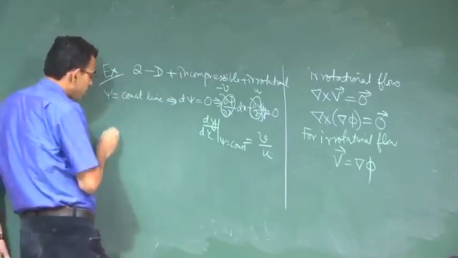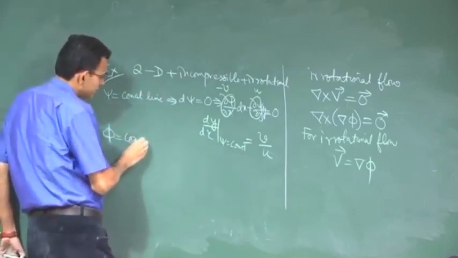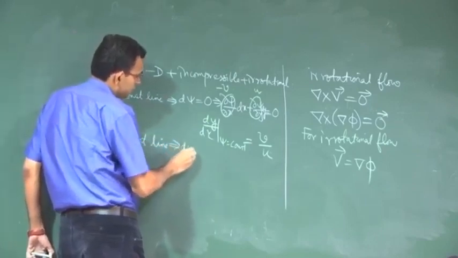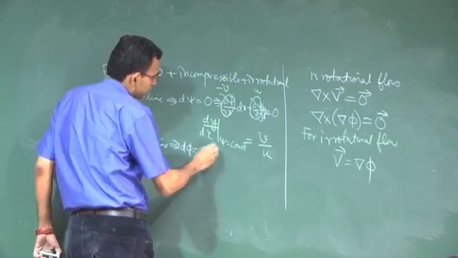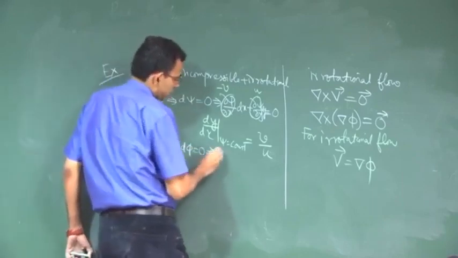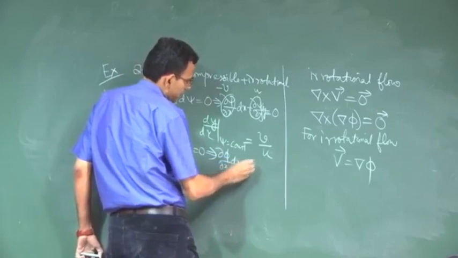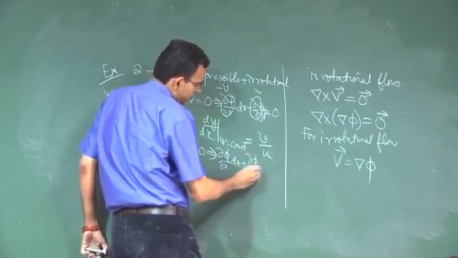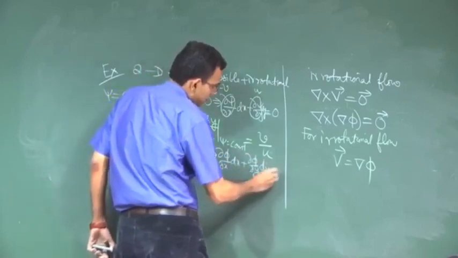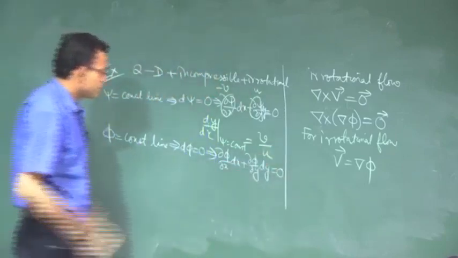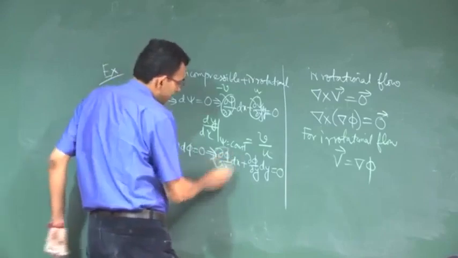Similarly, phi equal to constant line, so this is u and this is v.